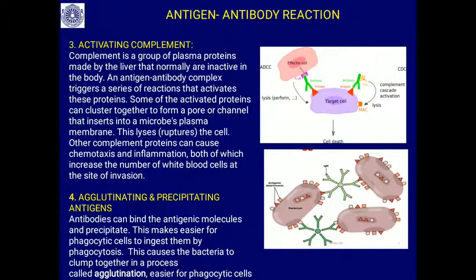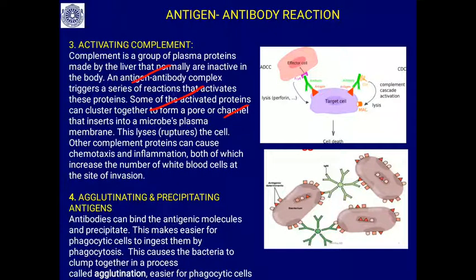Then activating the complement system. Complement is a group of plasma proteins made by the liver, and they are inactive while circulating in the body. The antigen antibody complex triggers a series of reactions which activates these enzyme proteins. Some of these activated proteins can cluster together to form a pore.